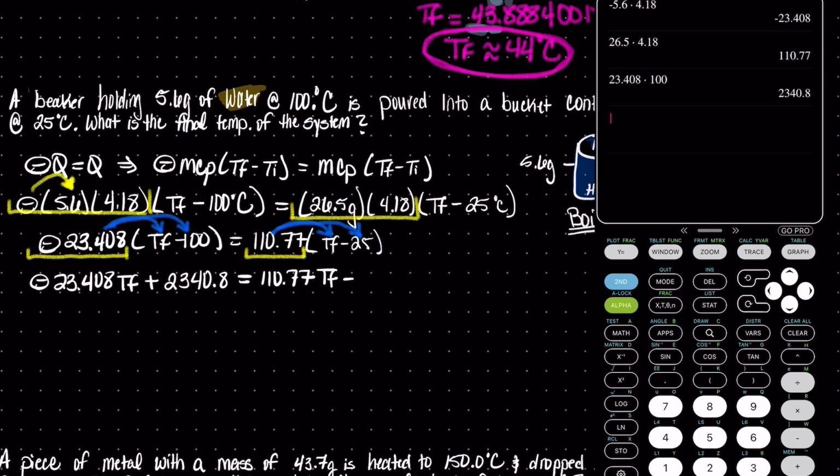So negative 110.77 times 25. And let's move some things around.